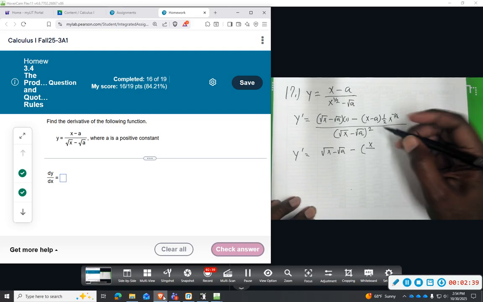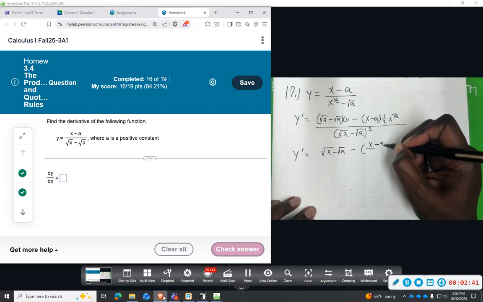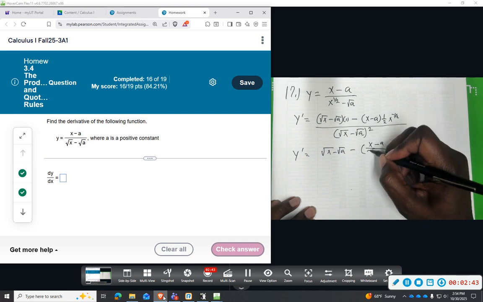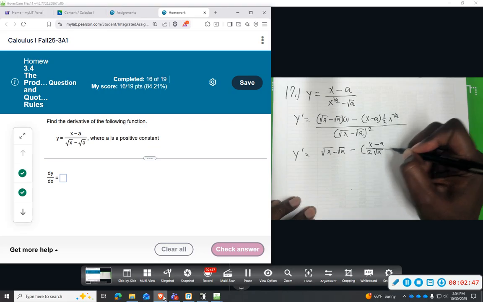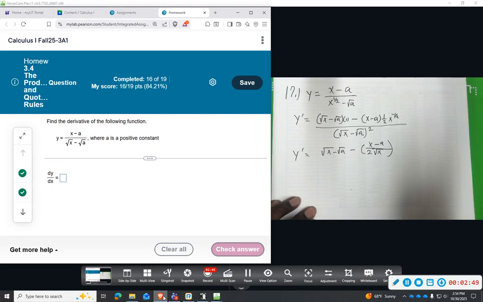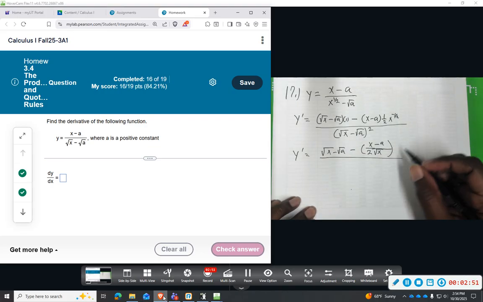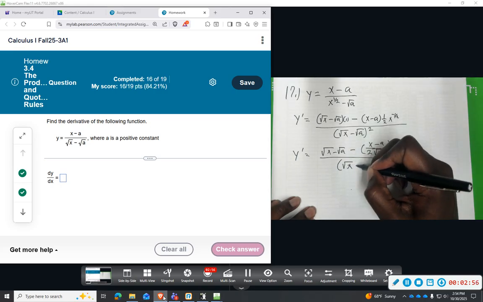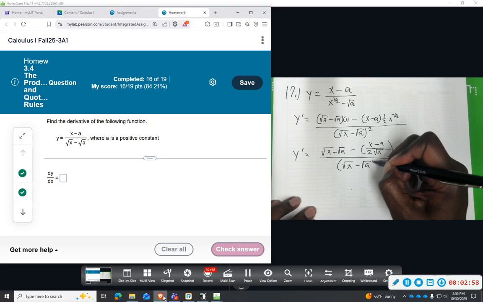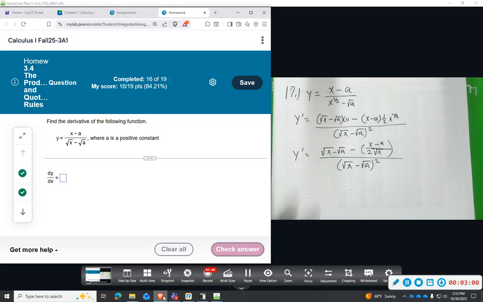So this will be (x minus a) over the 2 on the bottom, and this will be the square root of x. And then this is all over (square root of x minus the square root of a) squared. So we can write it and leave it like that.